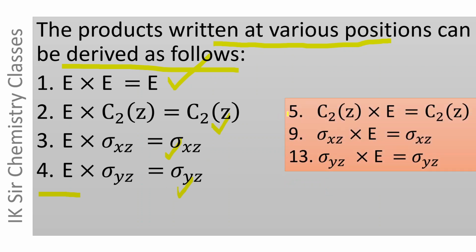And at positions 5, 9 and 13, which are in the vertical position, C2Z into E is equal to C2Z, sigma xz into E is equal to sigma xz, and sigma yz into E is equal to sigma yz. The identity element of a mathematical group commutes with all other elements of the group and leaves them unchanged.